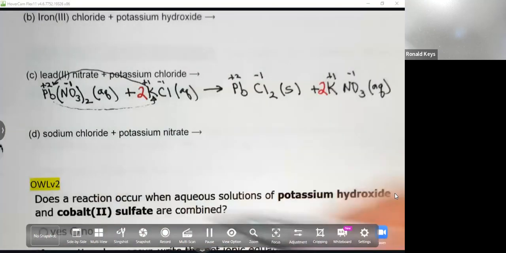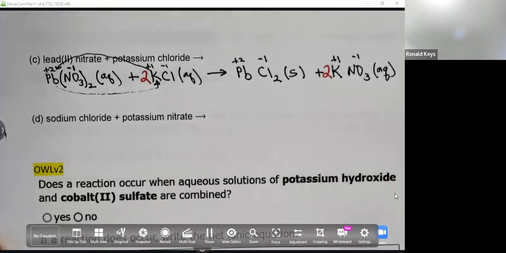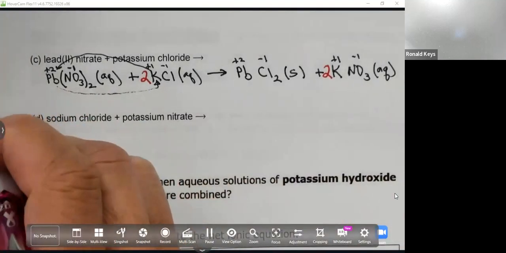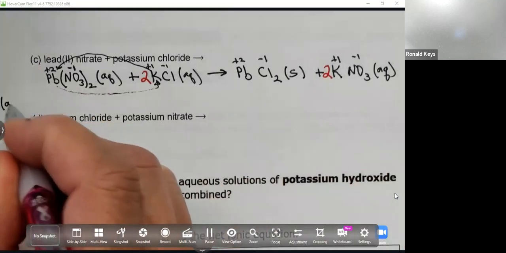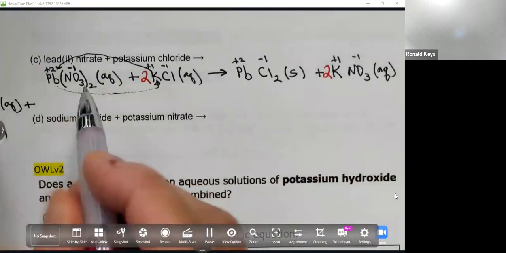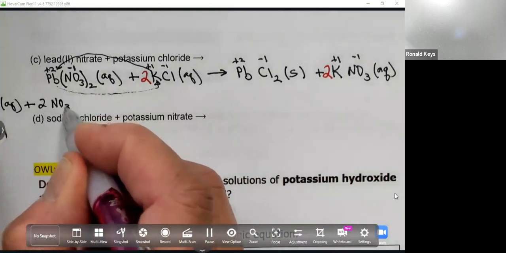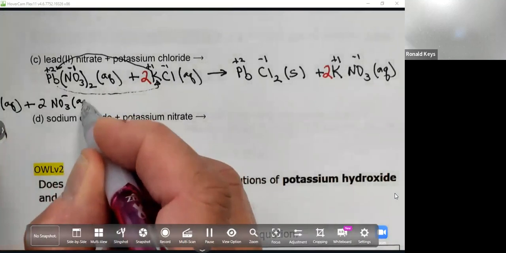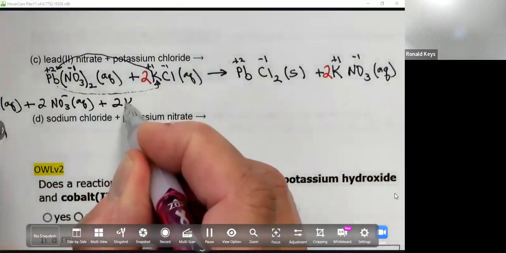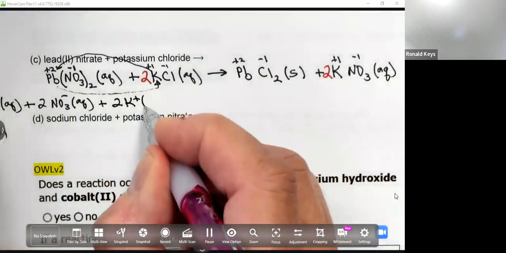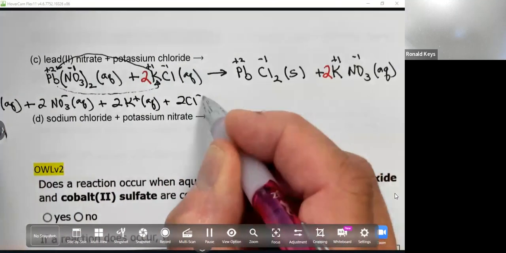Okay, so we need a net ionic equation out of this. So if we split this up, we're going to end up with Pb plus 2 aqueous, 2 nitrates, two potassiums, 2 chlorides.